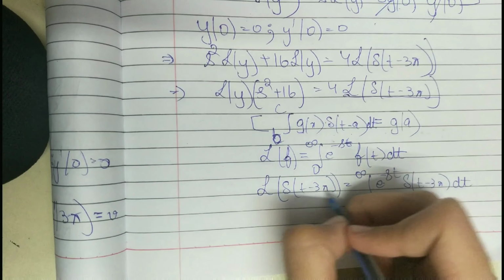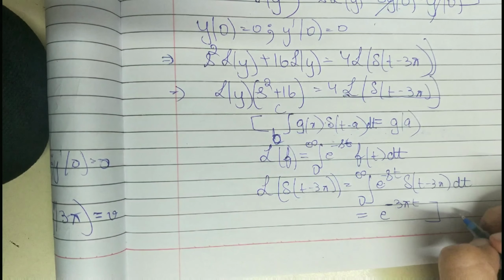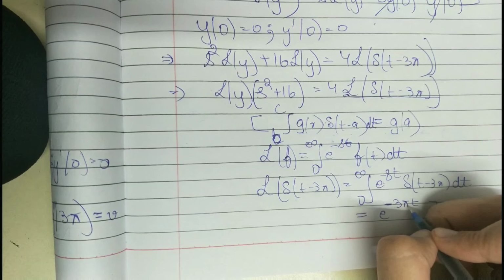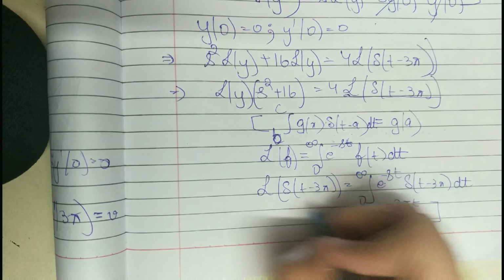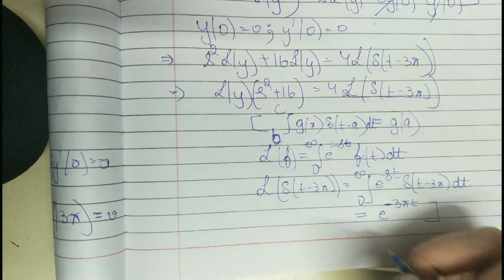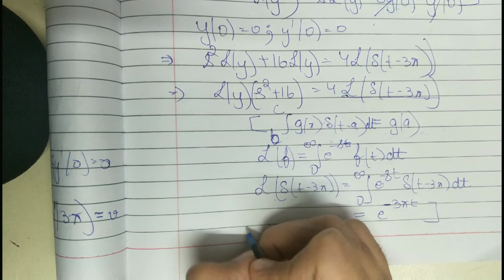Or in general, if this 3 pi is a, then the general solution would be e raised power minus as. So just write a general line here, that Laplacian of delta t minus a is e raised power minus as.